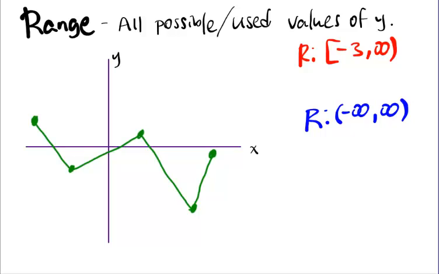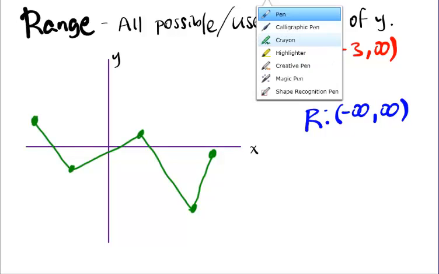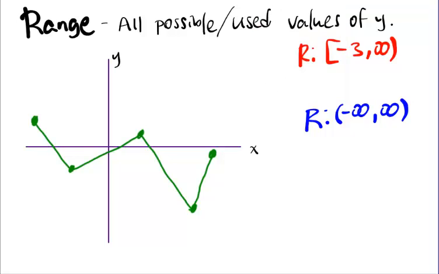Now, let's talk about this guy. What's the domain and range of this guy? Let's talk about range. So, we want to know the smallest value of y that's being used. And where does that occur?